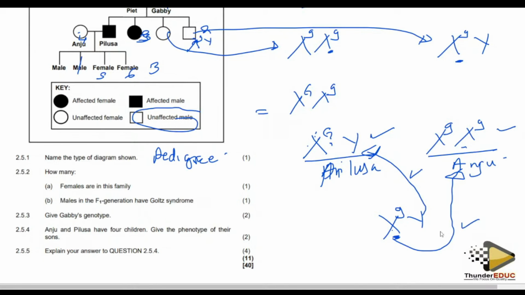That's all. Genetics is simple, but if you are not keen, it might crush you. So you must always think before you answer genetics questions. Please don't just rush. You have to read the questions carefully, again and again.